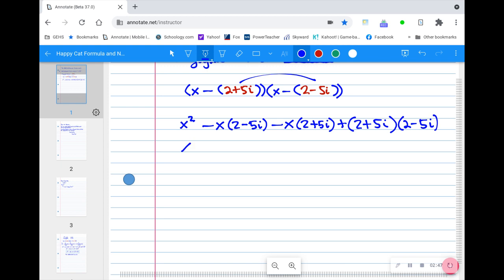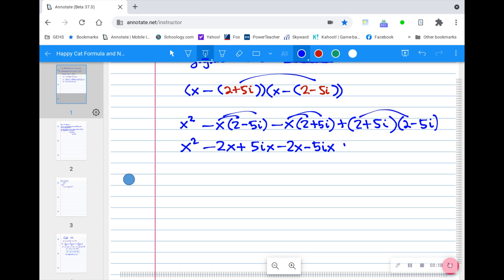Okay, the x squared's already good. We're just going to copy that. We got some distributing to do here, and more distributing down here. And multiplying complex numbers, you're better off doing FOIL in a slightly different order.